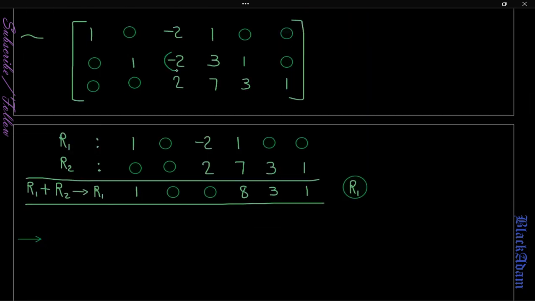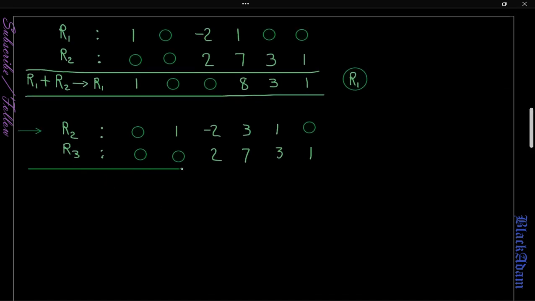Then row 2 is 0 1 -2 3 1 0, and row 3 is 0 0 2 7 3 1.